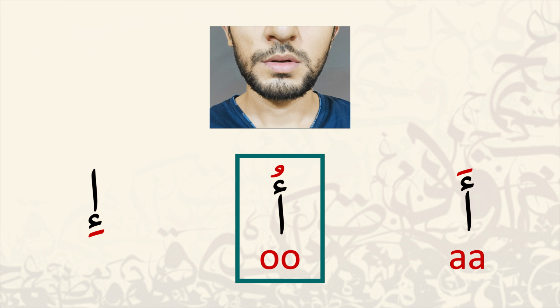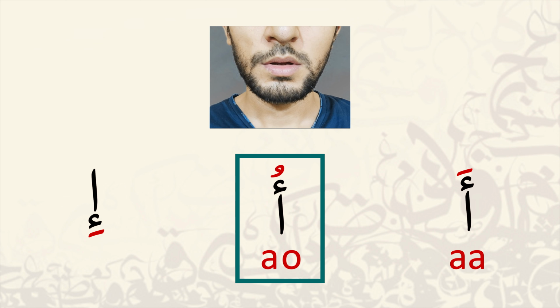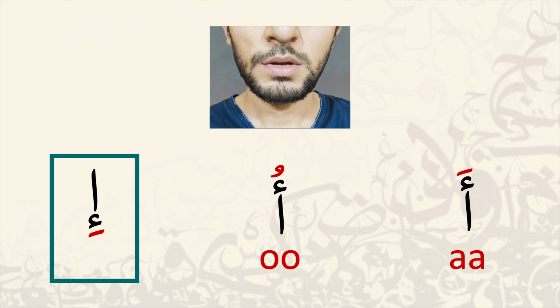Why do we do so? Because if we follow the process, it will be hard to pronounce. Here is the sound of the letter A, and here is the label O for Dhammah, which will sound Aw. It is hard, right? Lastly, with Kasra, it will be again like double E sound for the same reason.